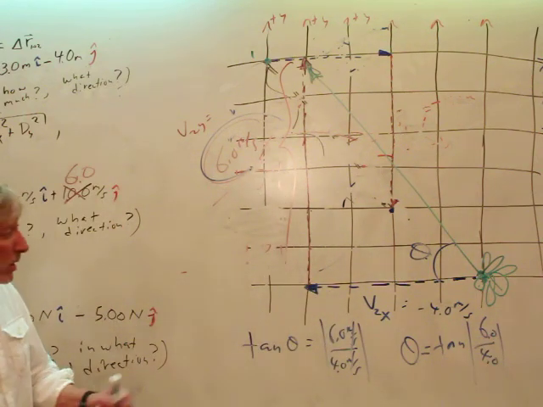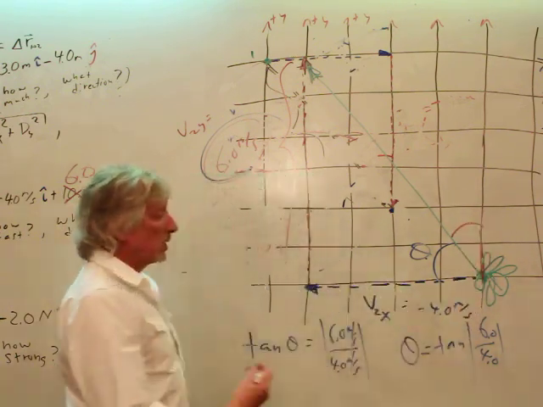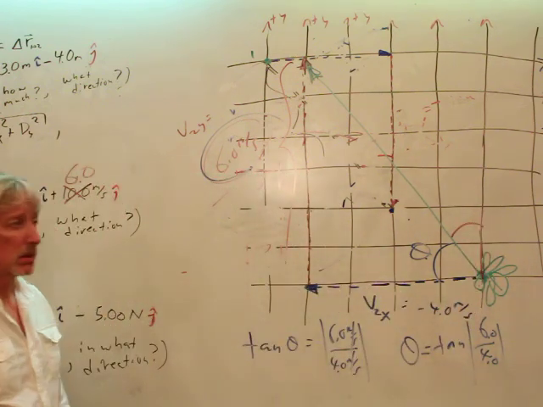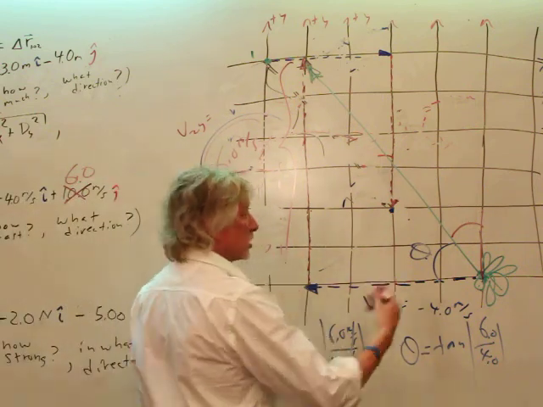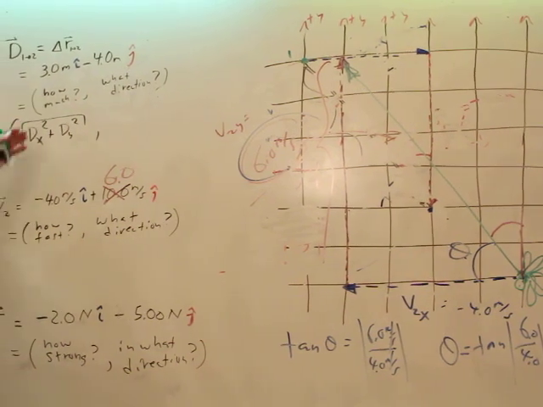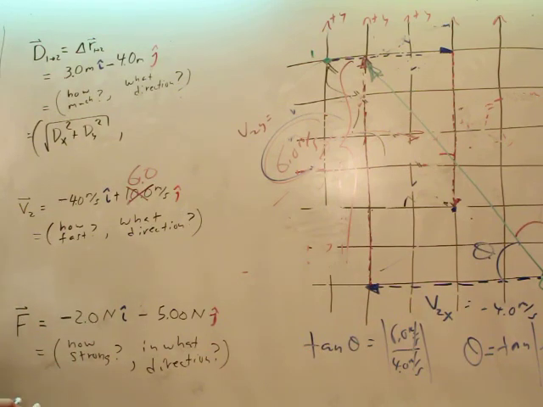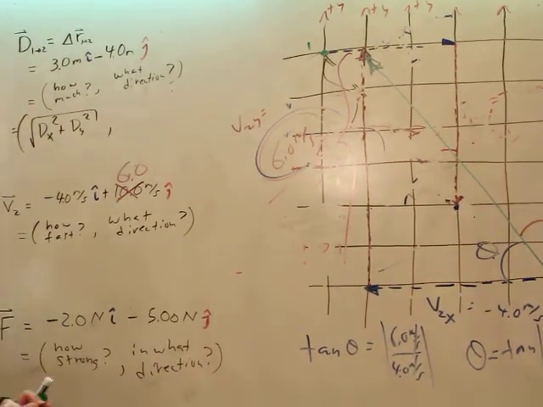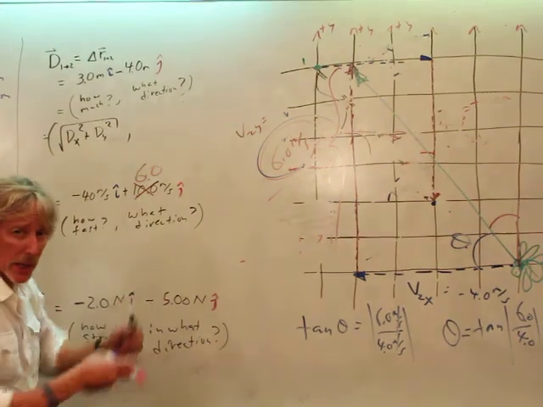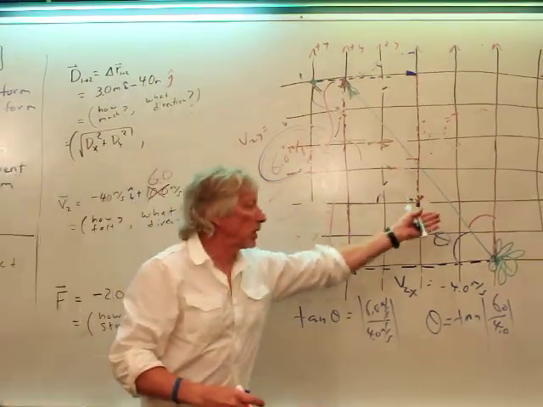You want the other angle? You want this angle? Fine. Then it's going to be the inverse tangent of 4 over 6. It doesn't matter, just as long as you clearly specify it. So the magnitude, or how much displacement, speed, in this case force, is given by the Pythagorean theorem. The direction, draw it, see it, and use the inverse tangent to find either angle.